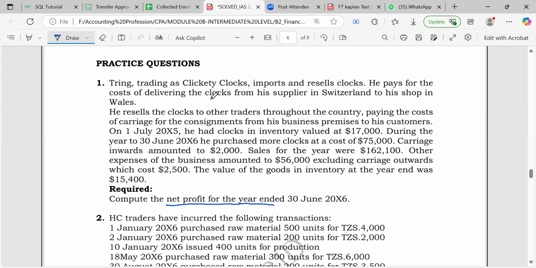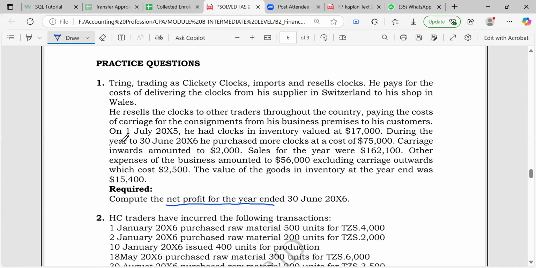Freeing trading is typically clocks, imports, and sales clocks. He pays for the cost of delivering the clocks from his supplier in Switzerland to his shop in Wales. They resell the clocks to other traders throughout the country, paying the cost of carriage for the consignment from the business premises to his customers. And we are told that on 1st July 2025, he had the clocks in inventory valued at $17,000.